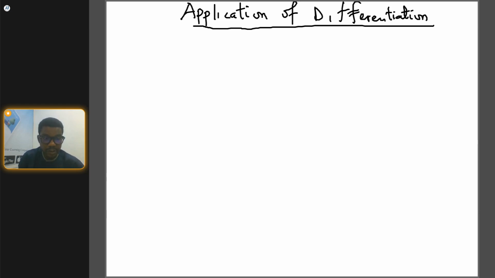Once you understand the concept or the basics of differentiation, you can go ahead to solve any question given to you in the UTME. So the application we are going to be looking at is still connected to the concept we discussed earlier, in part one of differentiation. So I'll be referring back to part one.